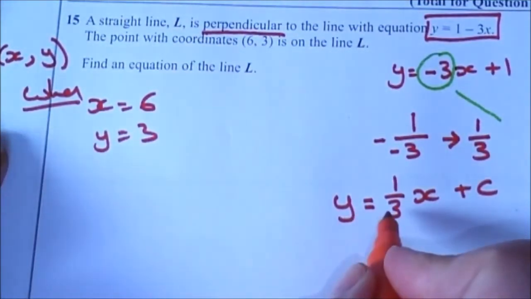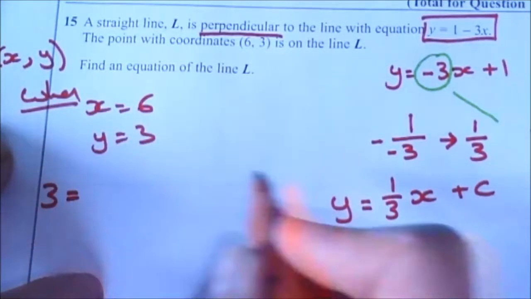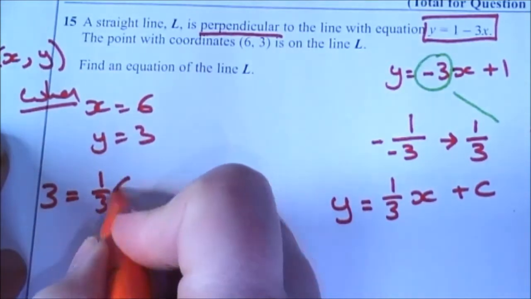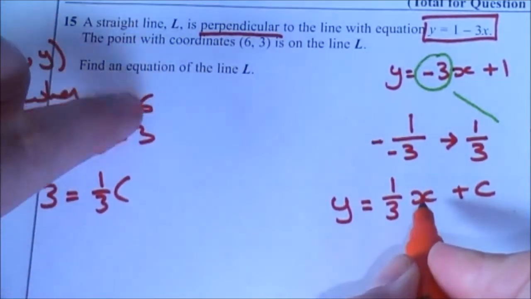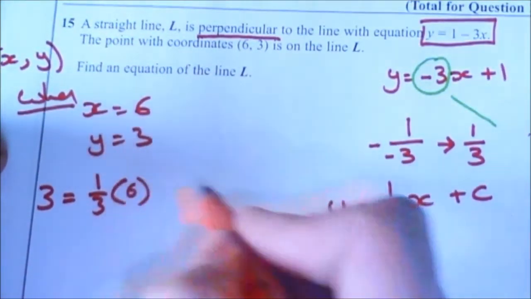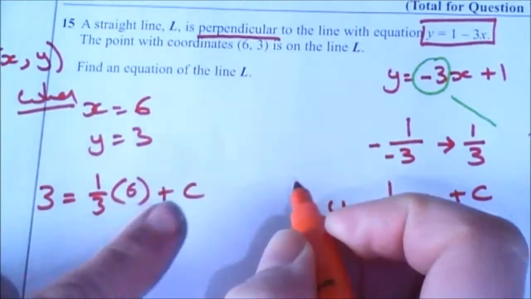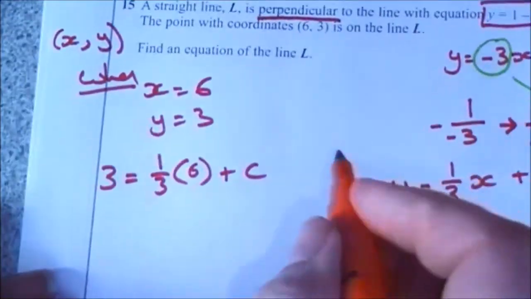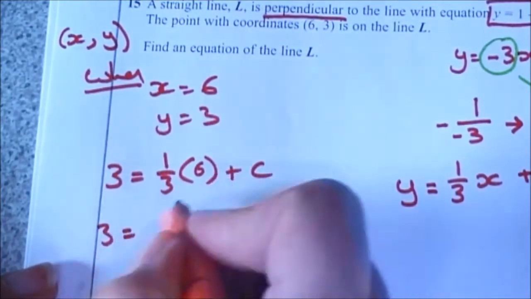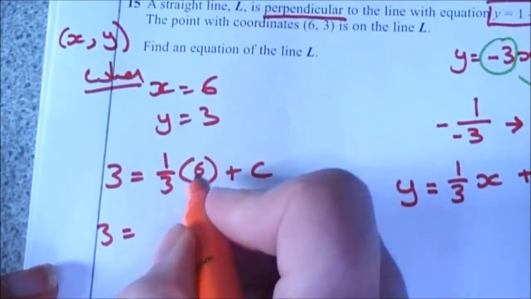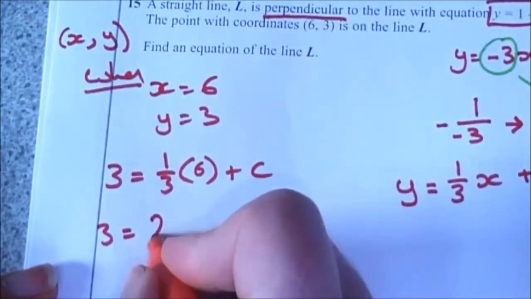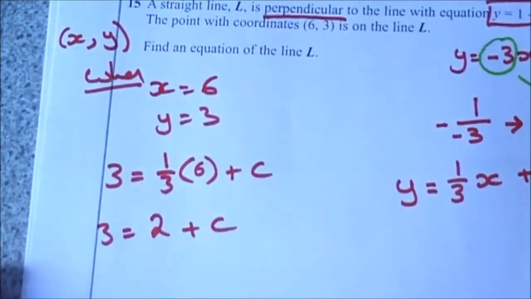So y equals, means 3 equals 1/3 of x, and x is 6. So it's 1/3 of 6 plus c, and that's what I'm trying to find. So I end up with 3 equals 1/3 of 6, so it's 6 divided by 3, which is 2, plus c.